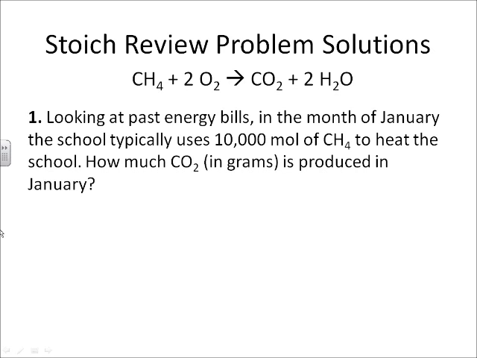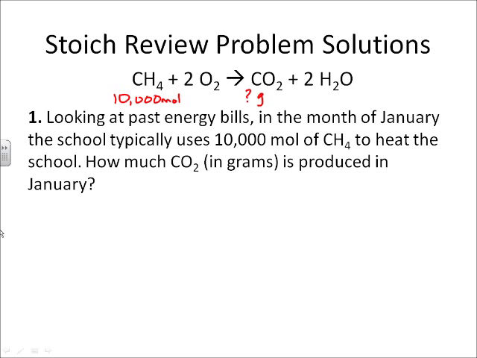So what we're going to do is set up a stoichiometry problem. It tells us that we start with 10,000 moles, that's a lot, of natural gas to heat the school. How many grams of carbon dioxide are we going to find?